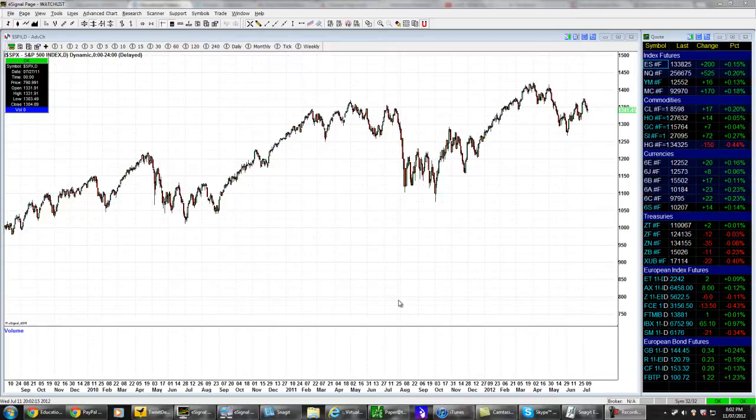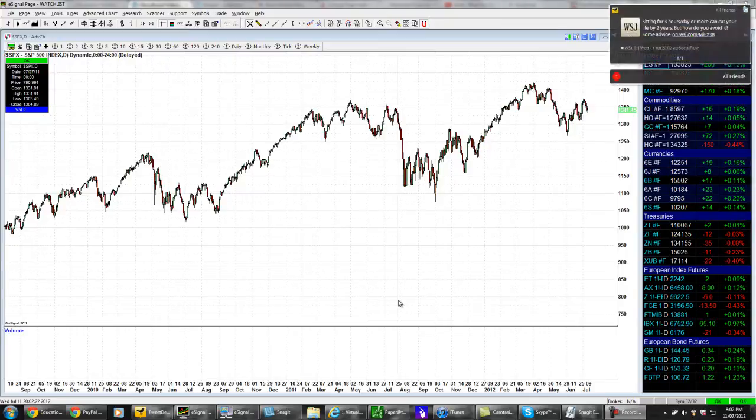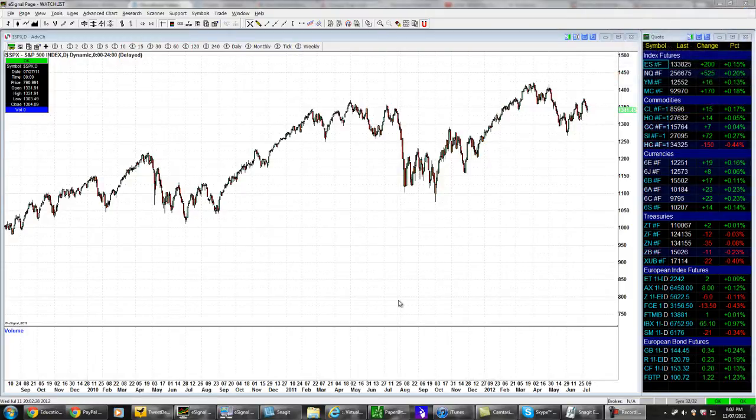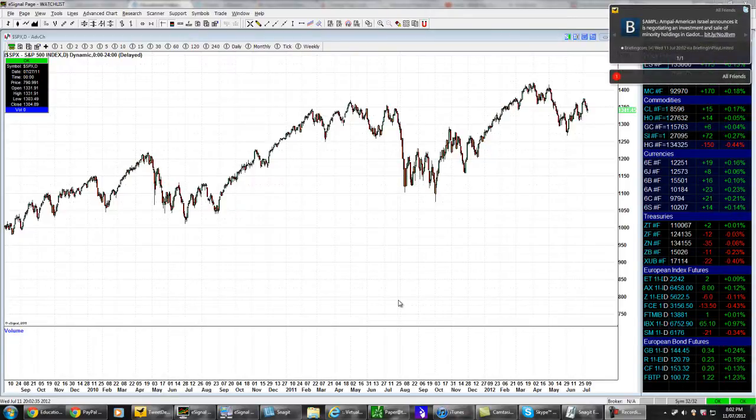Those are really the only two variables we can change whenever we enter a position, because we don't enter the S&P, at least as speculators, we're looking at this from a speculative standpoint, not from an investing standpoint. We don't buy the S&P here and our stop loss is basically S&P at zero.